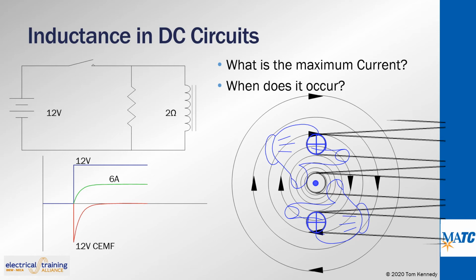Since the applied DC voltage is a steady-state application of potential, the magnetic field about the conductors will cease movement, and therefore the opposing counter-EMF will decay. At the end of the magnetic field expansion, the total current will get to 6 amperes until the circuit is turned off. The graph shows the timeline of the applied voltage, counter-EMF increasing to a peak and decaying, with the resulting current increasing to its maximum of 6 amperes.